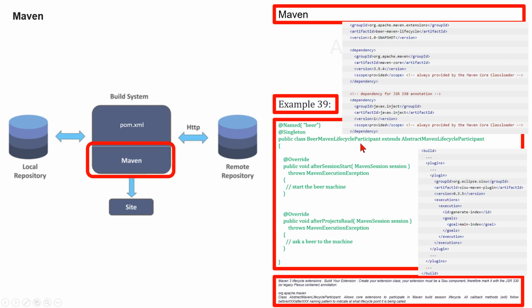Here, the class AbstractMavenLifecycleParticipant in Apache Maven allows core extensions to participate in the Maven build session lifecycle, and allows all builds to pass through before XXX and after XXX naming patterns to indicate at what lifecycle point it is being called. Here the before and after.